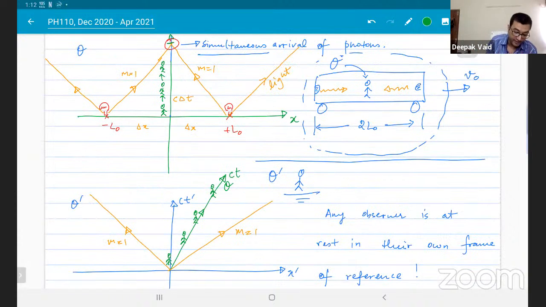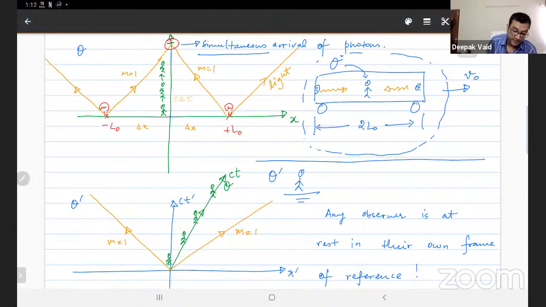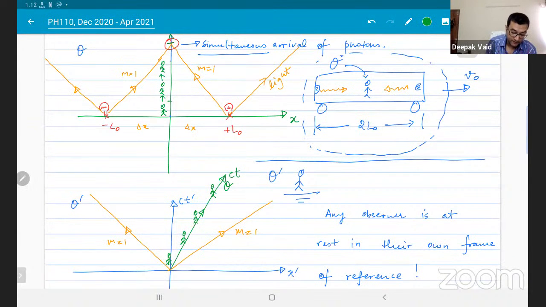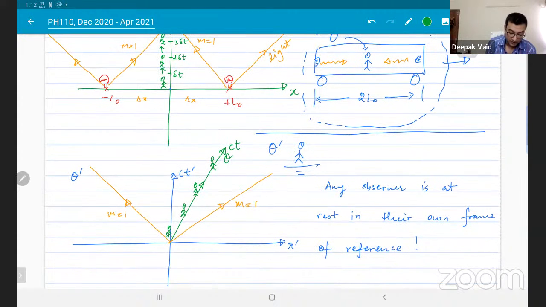If I take any point here which corresponds to some time interval, delta t, 2 delta t, 3 delta t, and so on, that point will correspond to some point here, let's say delta t, 2 delta t, 3 delta t.